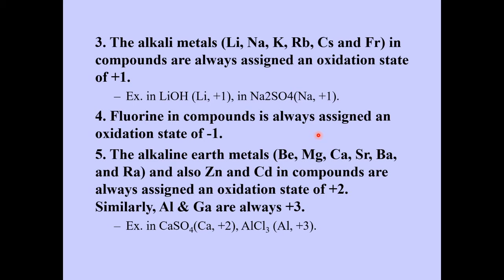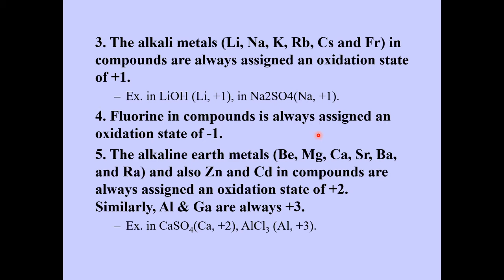Number 4, fluorine in compounds is always assigned an oxidation state of -1. If you think about it, fluorine is a halogen, group 17. What do you know about group 17s in terms of ions? Yep, that's right. You know that they are always -1. So again, this one shouldn't be that surprising. Notice the rest of the halogens aren't mentioned. Chlorine, bromine, iodine, the rest of them aren't mentioned here because they're not always -1.